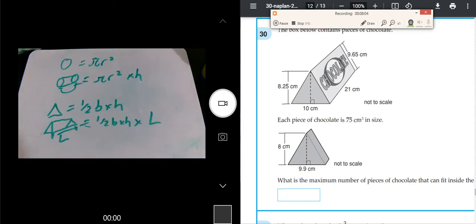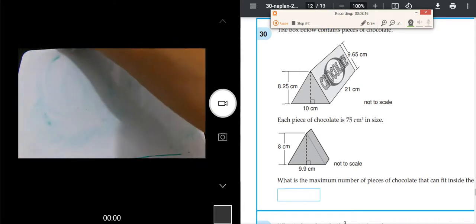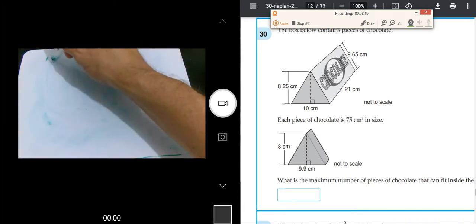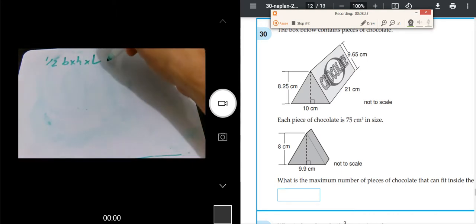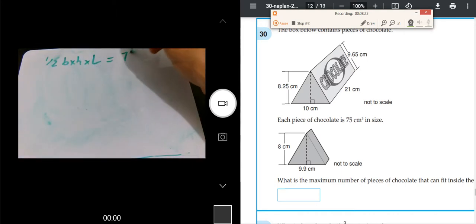So we're going to end up using that formula to solve it, given that we know that the total is 75 centimeters cubed. So I'll rub that out the board. So half base times height times length equals 75 centimeters cubed, the volume of the triangular prism.